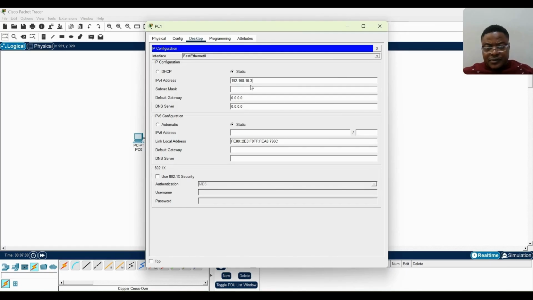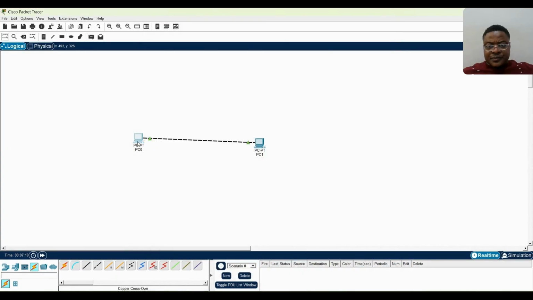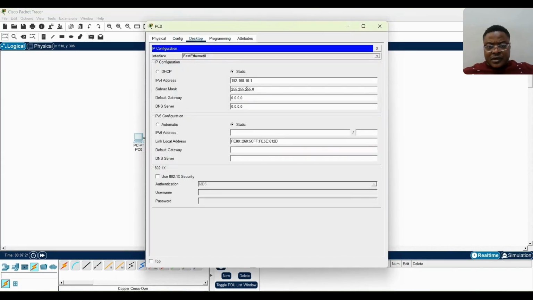I will name this PC dot 3. So this is 192.168.10.1. Then this is 192.168.10.3. I just decided to name it 3.